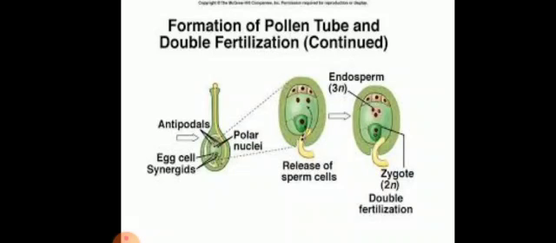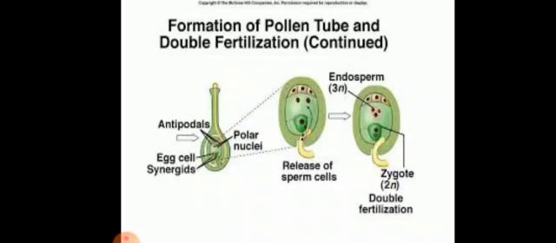The non-motile male gametes are carried through the hollow pollen tube, and this is known as siphonogamy, which ensures that fertilization takes place.